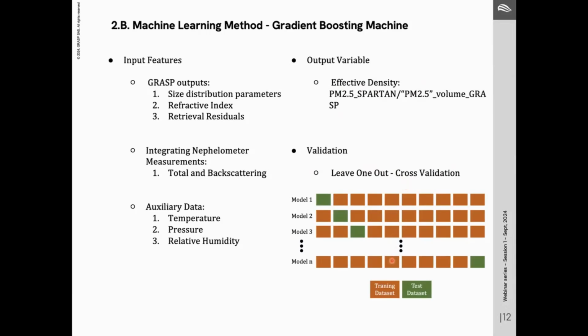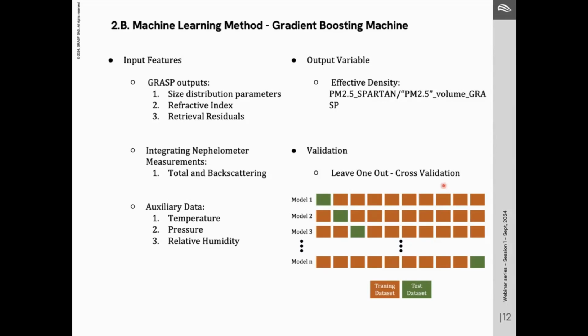In our case, for example, we have in total 18 sites. So if I want to predict the aerosol density for the first site, I will use the remaining 17 sites to train a model and use it to predict for the first site. And I do it 18 times until each site has been validated.